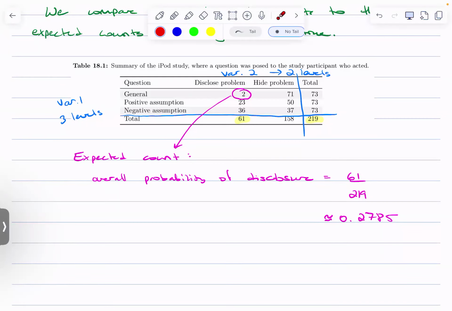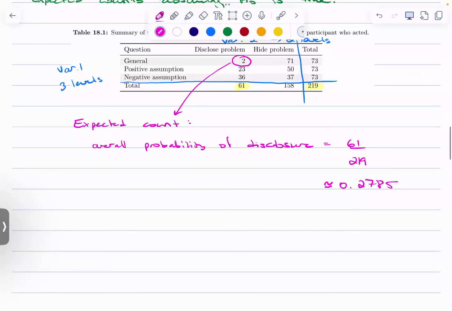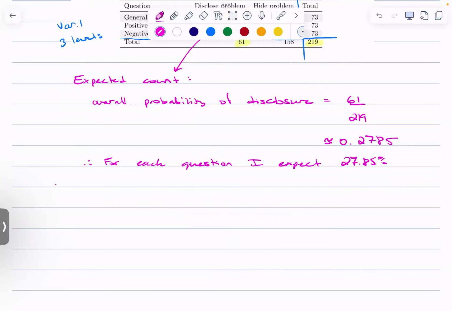But what this means is, therefore, for each question, I expect 27.85% of sellers to disclose the problem.